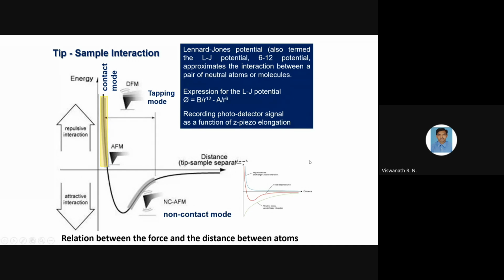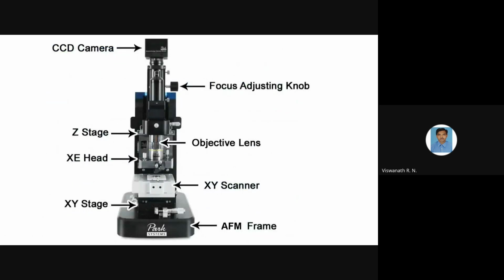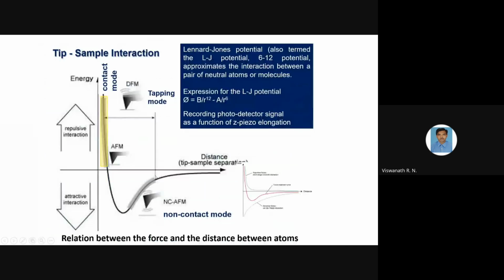But now I bring the tip and sample closer together. For example, the tip is here and I am bringing it down closer to the surface of the test sample. When I bring it closer, the probe sees the interaction.